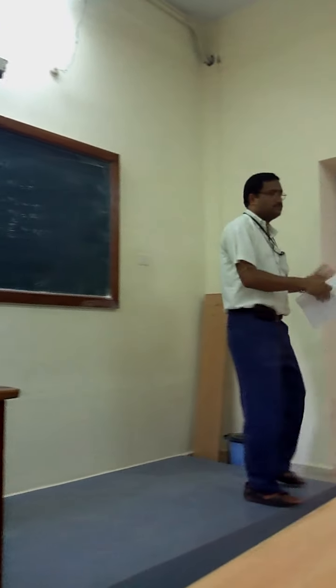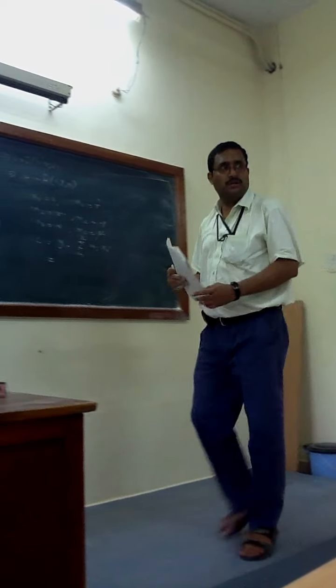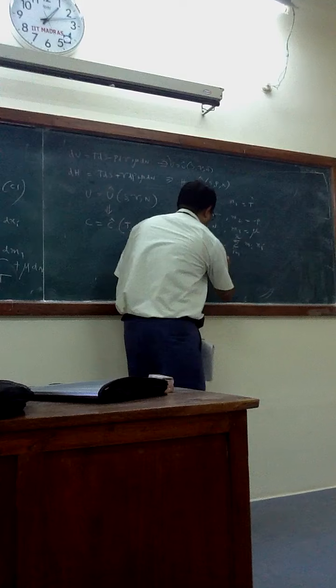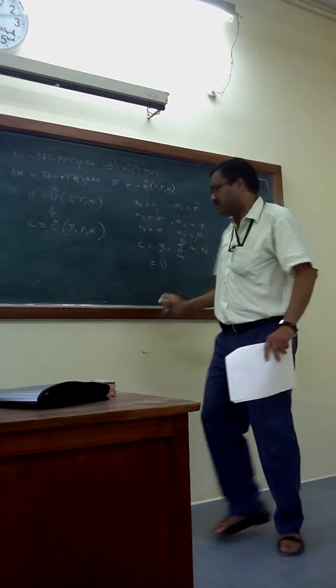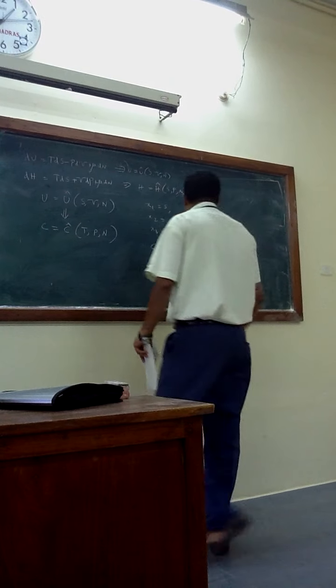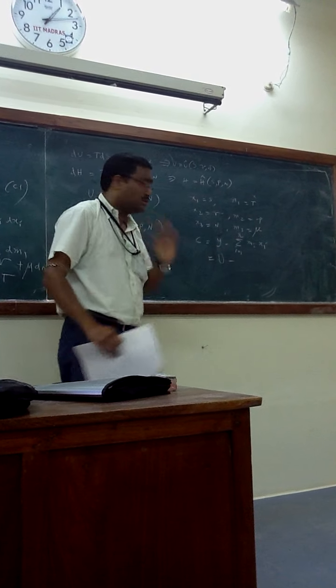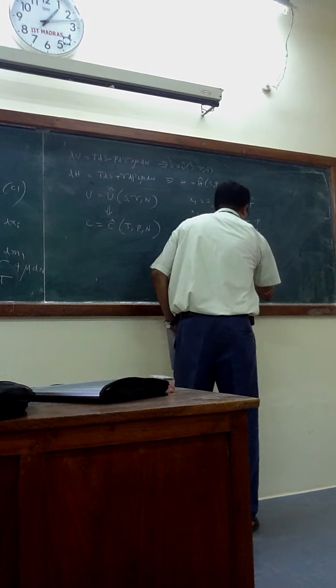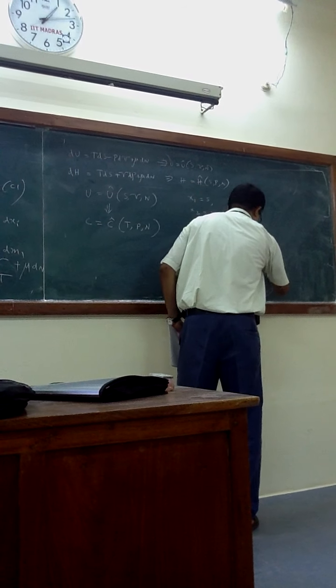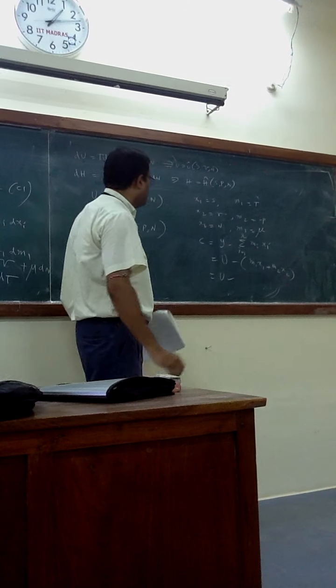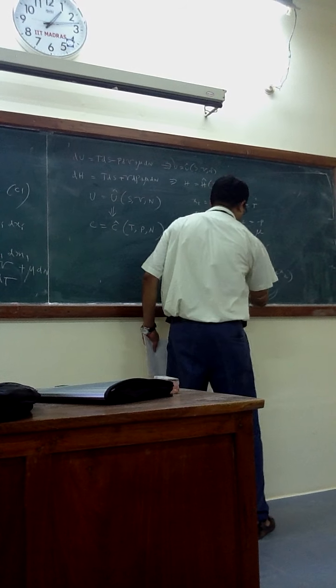Give me the answer. Y is U. Please don't prompt. What is the value of r? R is 2. That means m1 x1 plus m2 x2. Now tell me the last step. U minus TS.